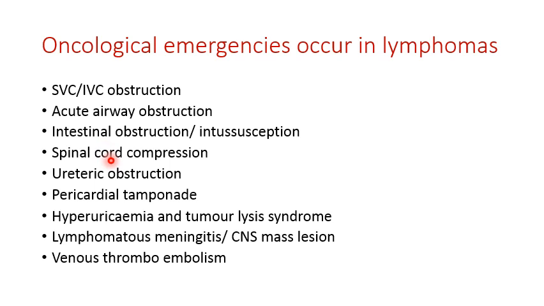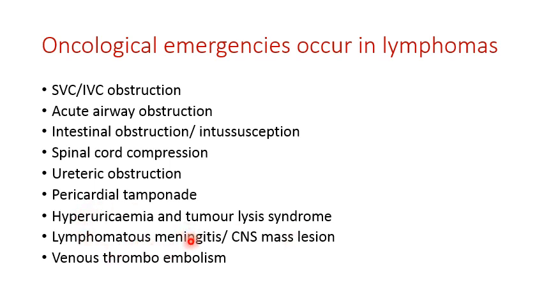Acute spinal cord compression can be caused by lymphoma, as can acute ureteric obstruction, pericardial tamponade, and acute hyperuricemia due to tumor lysis syndrome. And then they can present with a stroke, or an acute CNS mass lesion or lymphomatous meningitis.